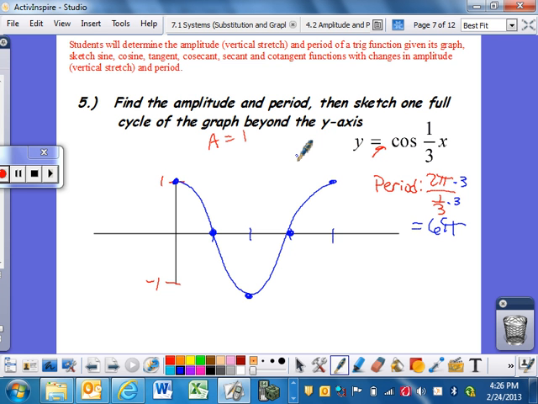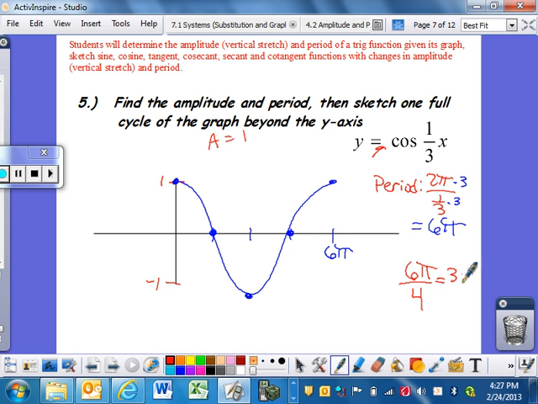I need increments on the x-axis, though. What I know is that 1 cycle was 6 pi. How do I figure out what the other increments are? Multiple ways you could do this. The consistent way is I've always taken my period and divided it by the number of points I plot, which is 4.